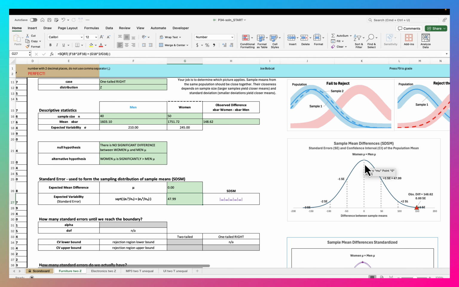Most of the time it's going to be around 0, because two samples from the same population should end up with the same mean, or close to it. As you get further and further away from 0, it means the samples are further and further apart, which is less and less likely. In our particular case, we're observing a difference of 148, which is way out here. So that looks a little suspicious.